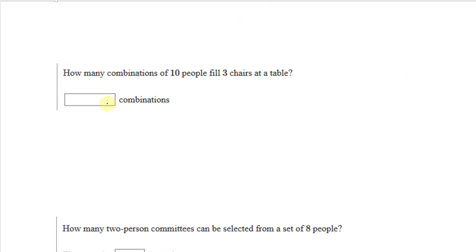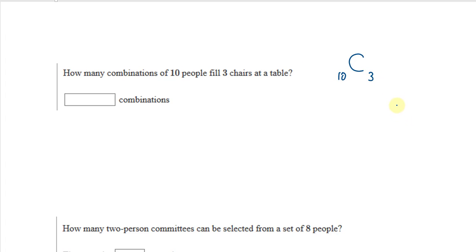Second question, how many combinations of 10 people fill the 3 chairs at the table? We have only 3 chairs and 10 people. You choose 3 people out of 10, and they ask for the combination, which means you have to use C. We have 10 available people, and we need to choose 3 to fill the 3 chairs at the table.